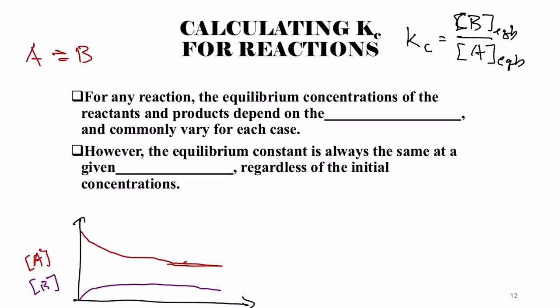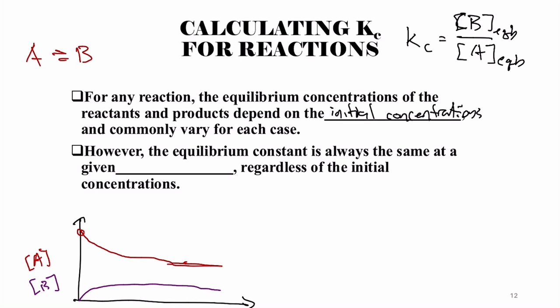But before that, where do we start? The initial concentrations, right? So it depends on the initial concentrations of each species. Because we don't have to have the same value at equilibrium.